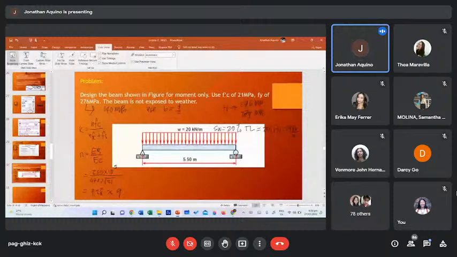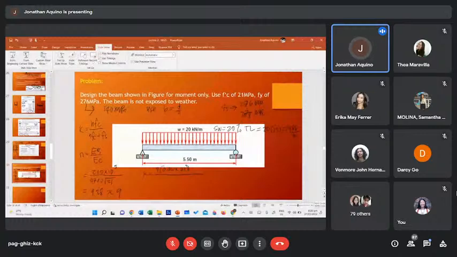So k is equal to n, which is 9, times 0.45 times 21 megapascal, divided by nfc, so divided by 9 times 0.45 times 21, plus fs.